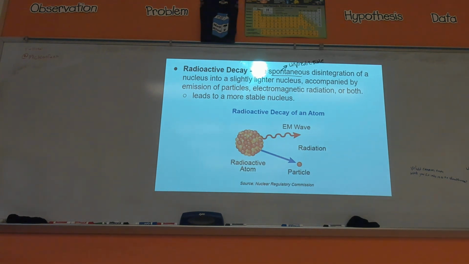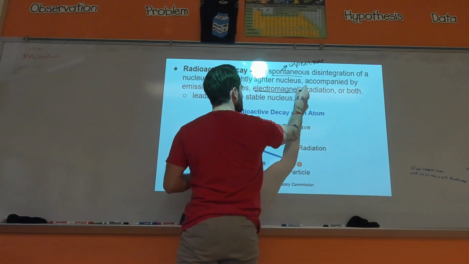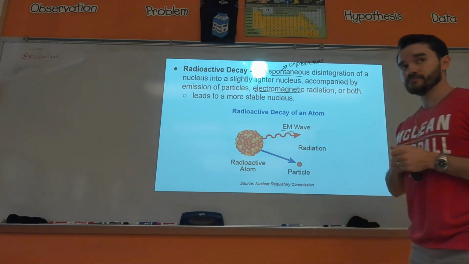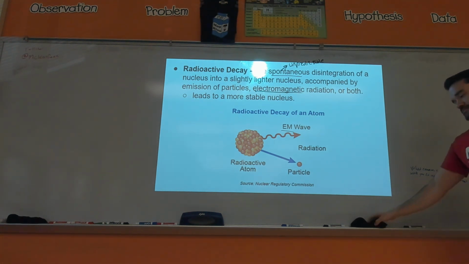So basically we're going to release some sort of particle, which you see there, along with an EM wave, that is an electromagnetic wave, some sort of electromagnetic radiation. Okay? And then when you do this, you get yourself to a more stable nucleus, a more stable atom.